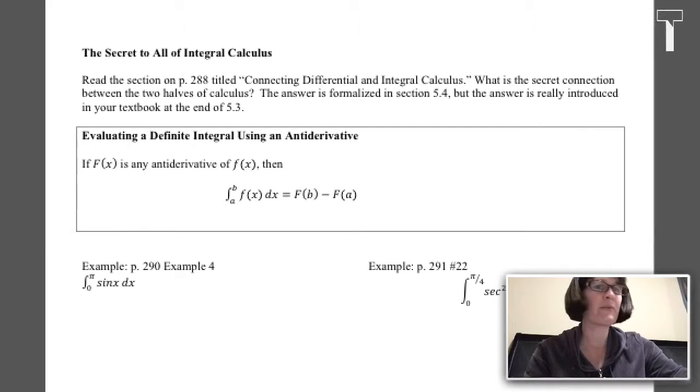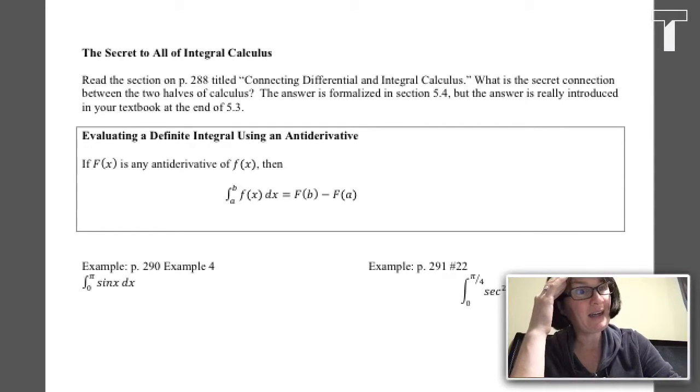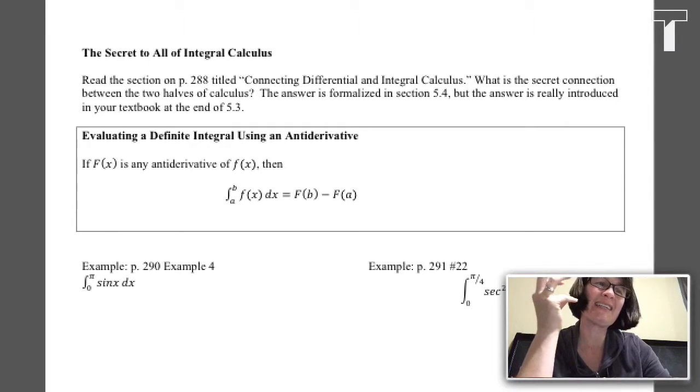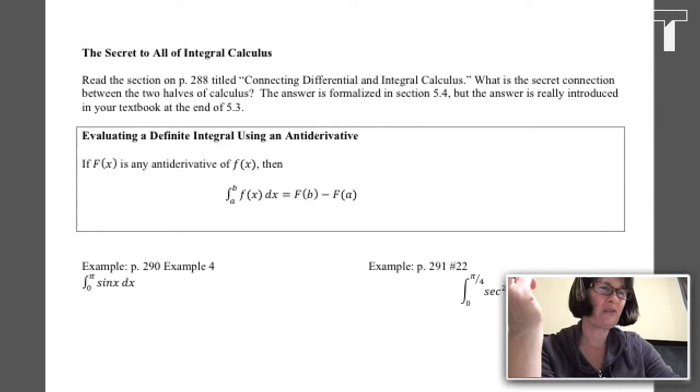So we're going to try this example. I have the integral from 0 to pi of sine of x. I need to think of a function that's an antiderivative for sine. What function could I take the derivative of and get sine as the answer? Well, is it cosine? What's the derivative of cosine? That's negative sine, so it's not quite right.